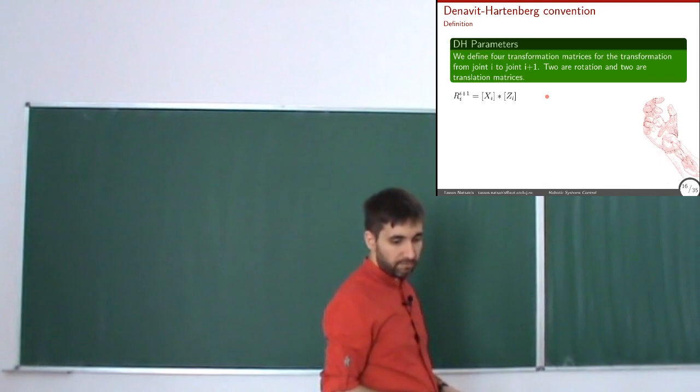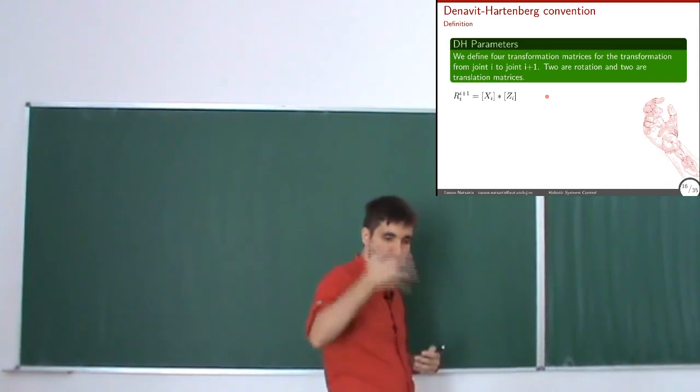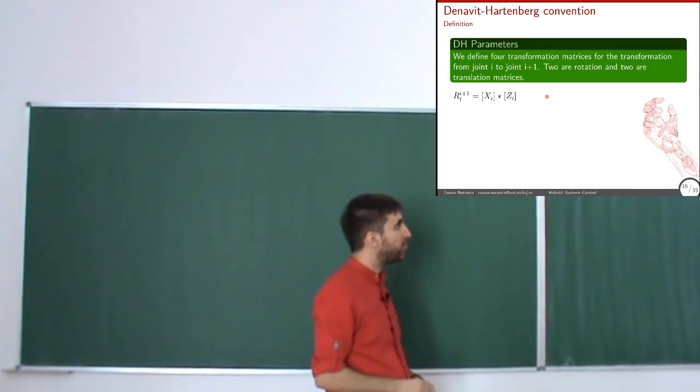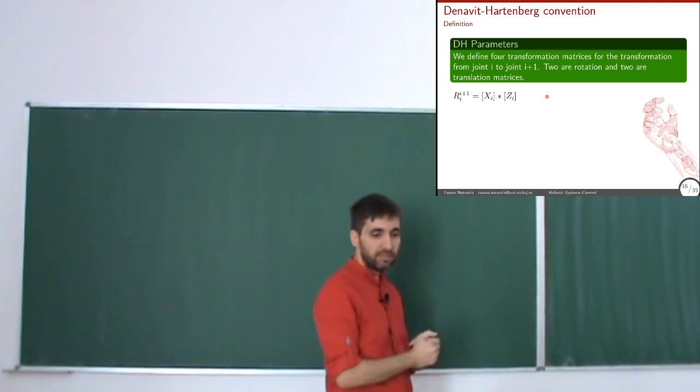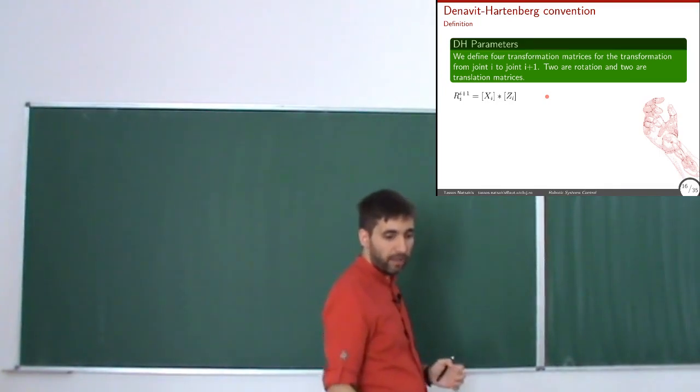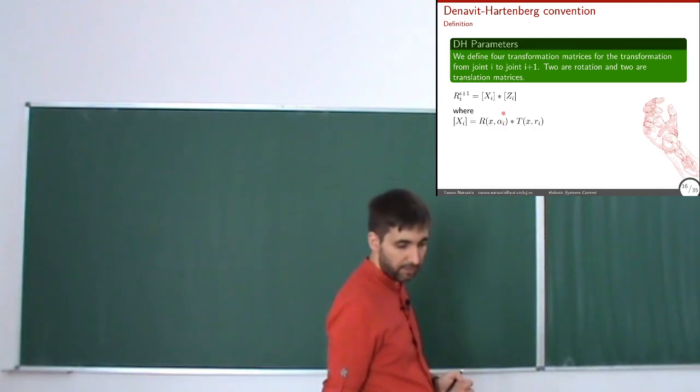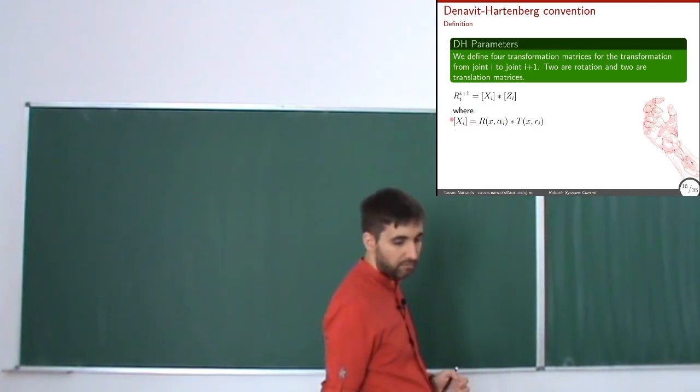So we define these 4 transformations. We saw last week and the week before we use these transformation matrices. And we have basically one set of transformations, which is a combination of rotation and translation. What happens first?